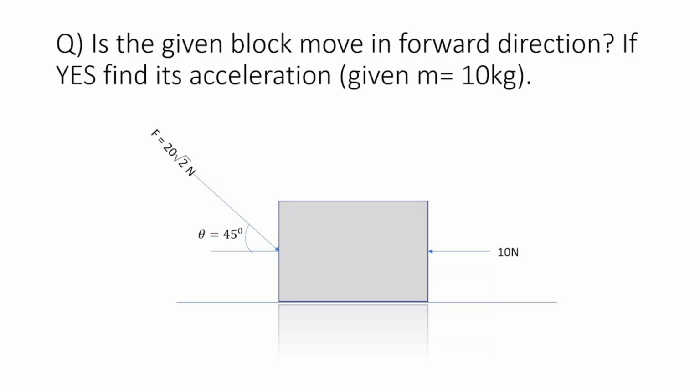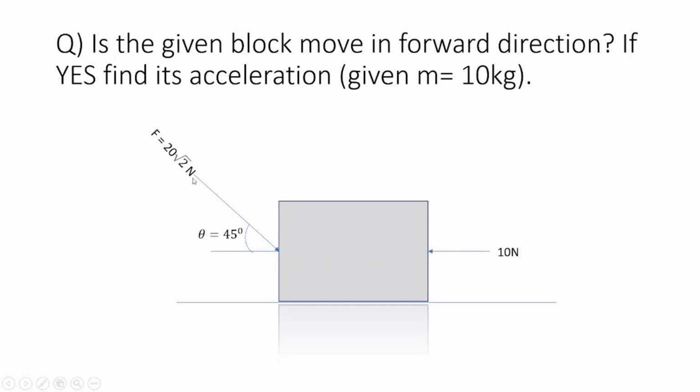Now you can see here, this is our surface on which the block is placed. Now a force F equal to 20 root 2 Newton acts on this block, making an angle theta equal to 45 degrees. Another force is also applied in this direction.